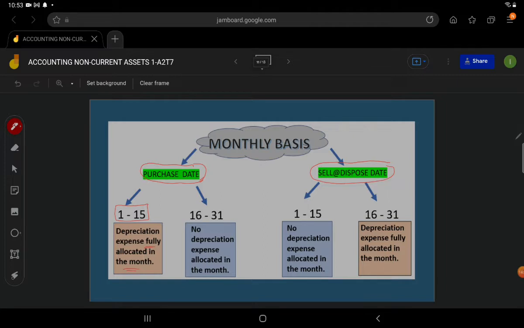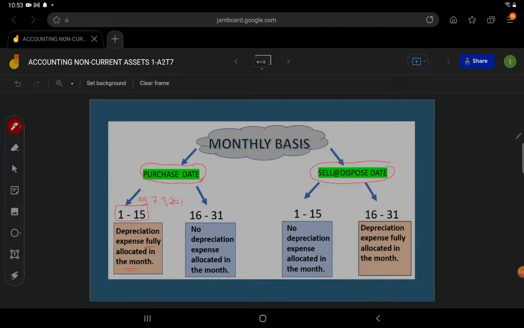For example, katakanlah the company buy the asset, okay, 7 hari bulan 3, 2021. So, company beli aset 7 hari bulan 3 2021.